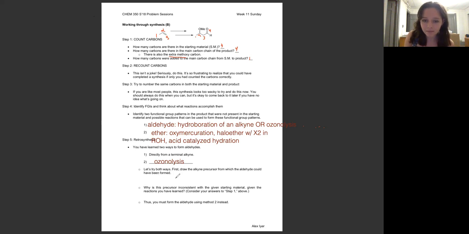So that means that carbons 3 and 4 are going to be in my alkyne. And carbon 4 is the carbon that ends up getting attached to the carbonyl group. So that's going to be the terminal side of my alkyne.